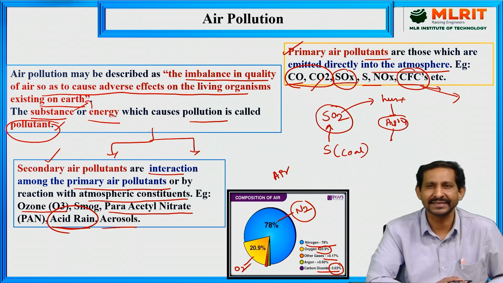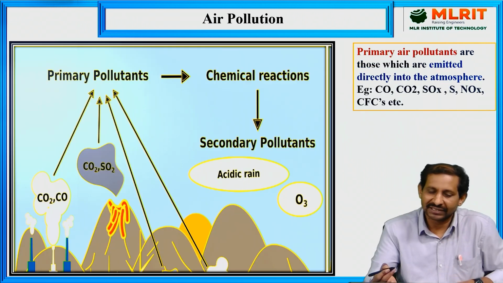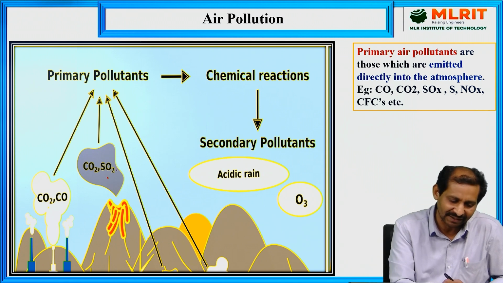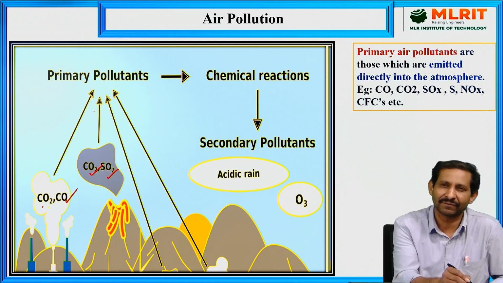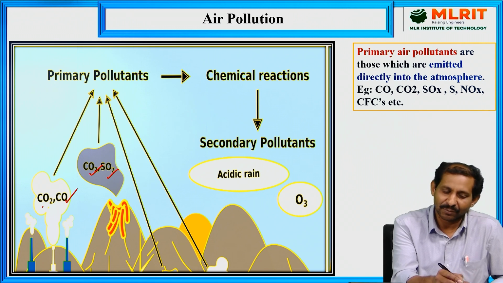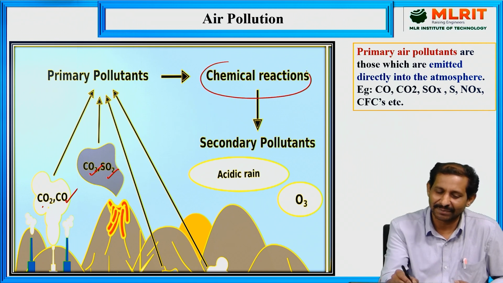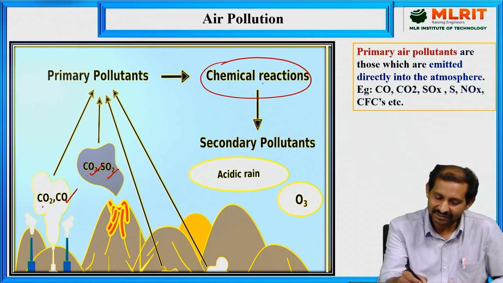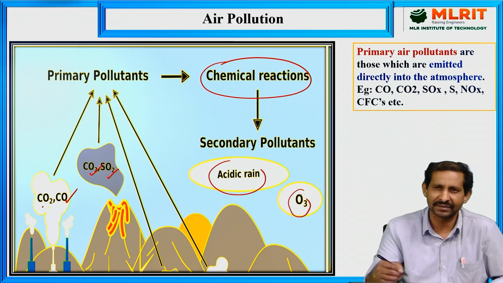Here the schematic diagram shows primary air pollutants like sulfur dioxide, carbon dioxide, carbon monoxide. These react with different chemicals or humidity, moisture in the atmosphere, and are converted into secondary pollutants like acid rain. In the previous slide we discussed that one. Ozone also comes in, we will discuss it later.